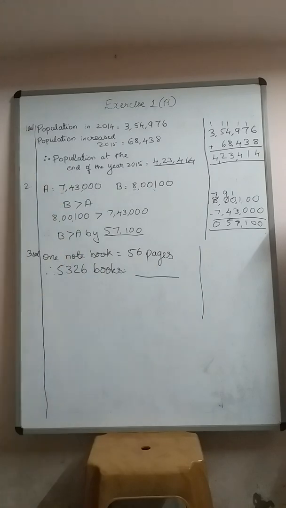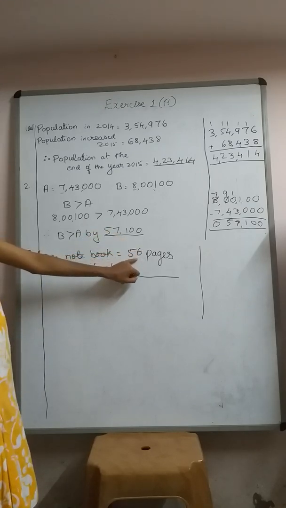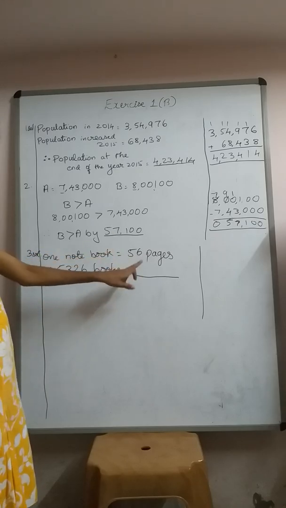How to find the answer? Which method to apply here? Children, we need to apply the multiplication method. So let us multiply 5,326 books with 56 pages per book. One book will have 56 pages.